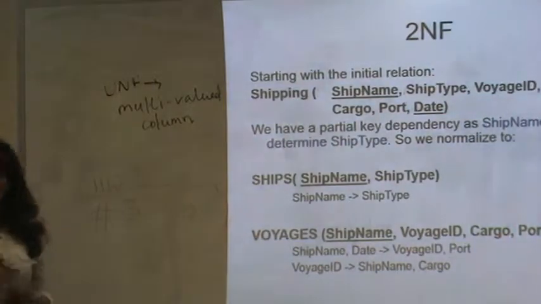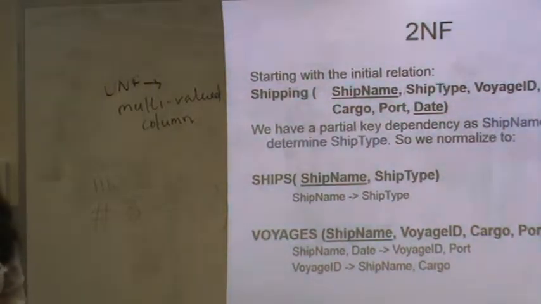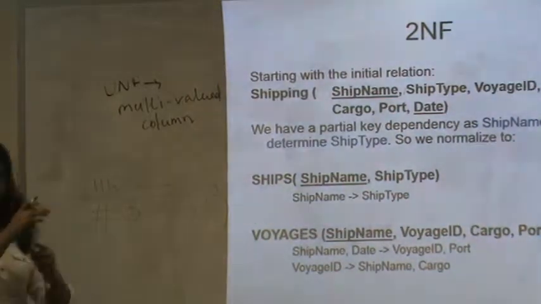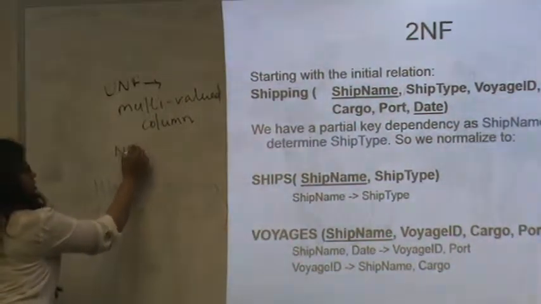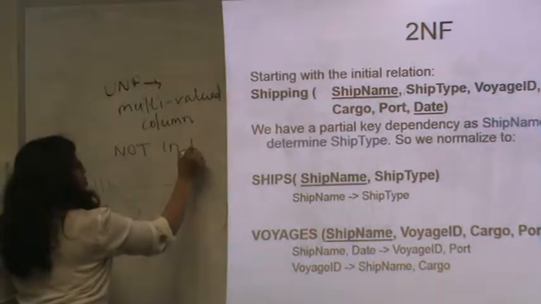So when you have unnormalization, that means you will definitely have one of the columns multi-valued. So when I see something multi-valued, that means it's still not in 1NF. So your answer should be not in 1NF.